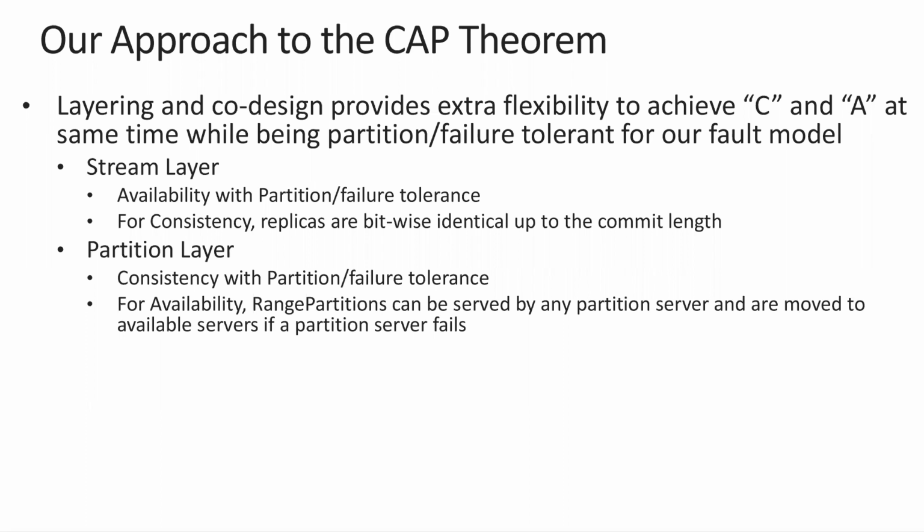The failures that typically happen in a data center are either node failures or rack failures. For those scenarios, the system will provide you strong consistency and availability. If there are some other, very rare failure scenarios like geo failures, then the system will not provide you strong consistency, right?